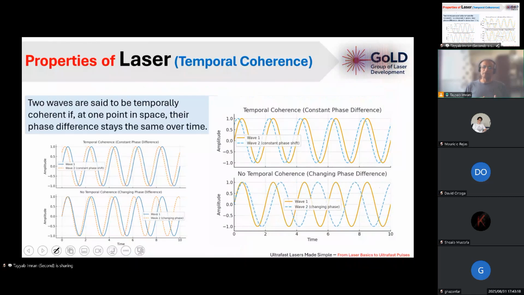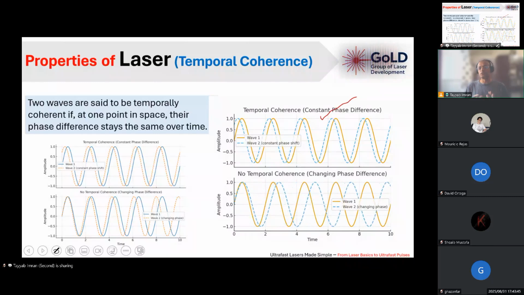Temporal, obviously, depends on the time. And if you see the animation here, if there is perfect temporal coherence, then the case will be like this. There is no time difference between the waves.